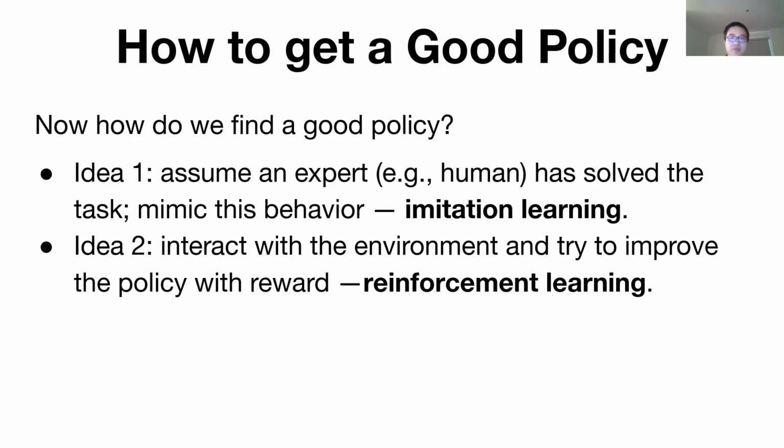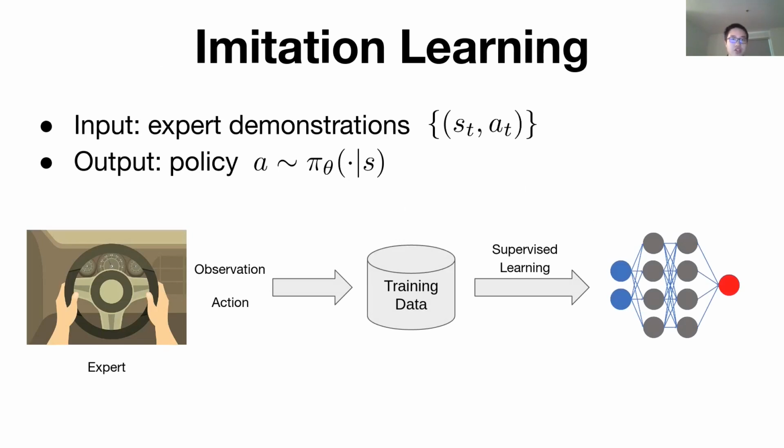And this is reinforcement learning. For imitation learning, the input is a set of state action pairs that is generated by experts. Imitation learning tries to predict the action based on the state. So we can use supervised learning here.